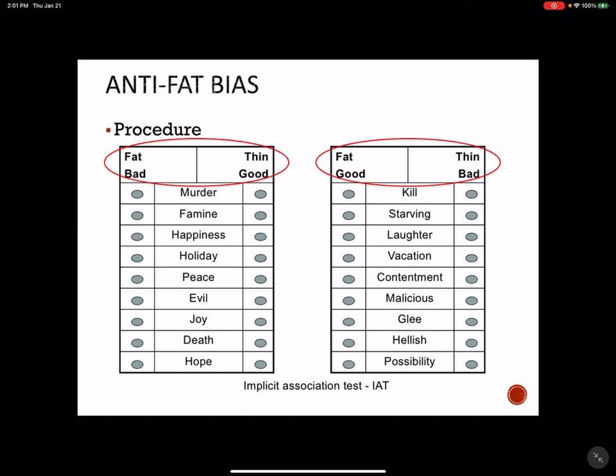So if you're really bored sometime, look up the implicit association test on the internet. You can just put it into Google. And there are universities around the country and the world that have these experiments set up, and you can take them for fun. You can see if you're prejudiced against women in mathematics, against race.